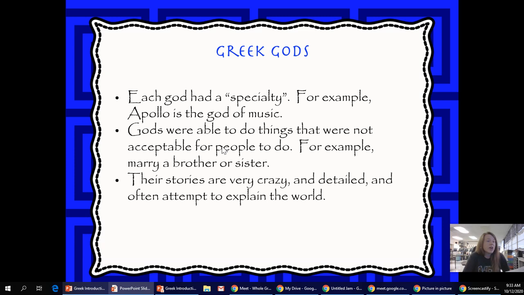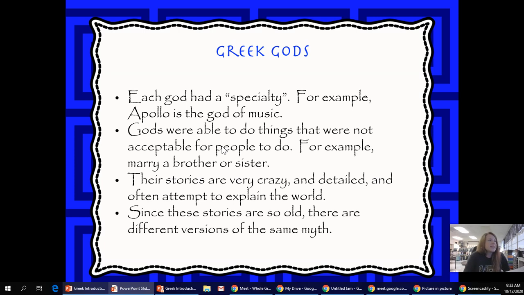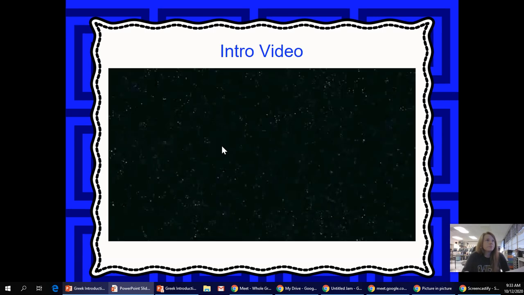Their stories are very crazy and detailed and often attempt to explain the world. So their stories are trying to explain why the world is the way it is. Since these stories are so old, there are different versions of the same myth. So there's going to be different versions of the same myth, and we'll look at those.